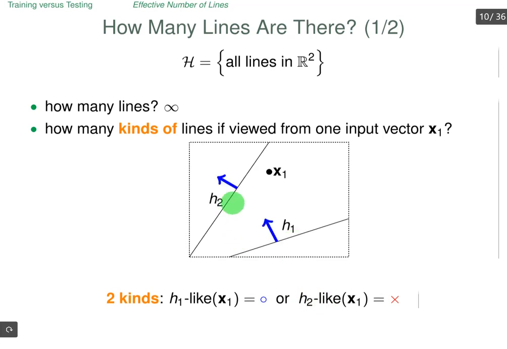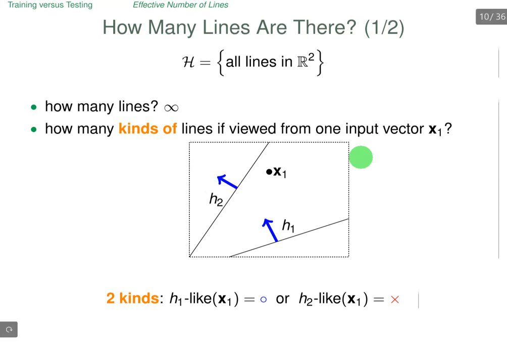For example, here. So we can have H1 that will put x1 on this side and will label it as red cross. H1 will put x1 on this side and provide us this label.